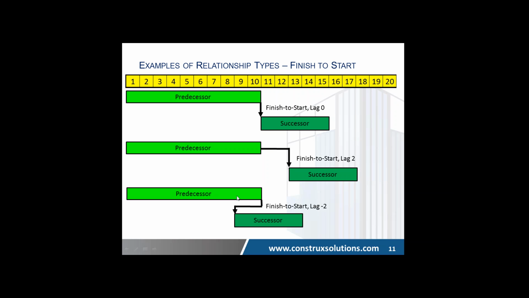And then here's another one. This is a predecessor-successor relationship, finish to start with a lag of negative 2 days. This tells me that these activities tie together in a finish to start capacity, but I am able to start my successor 2 days before the predecessor finishes, and I want to do that to speed things up. This is somewhat common. Different people argue different things, whether or not this will mess with float or is not accurate.